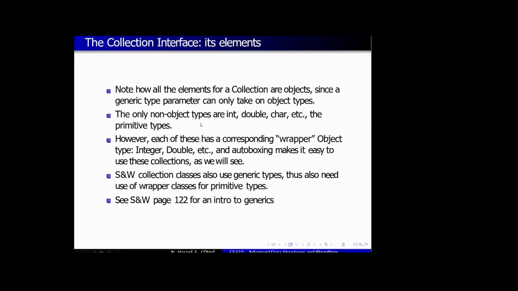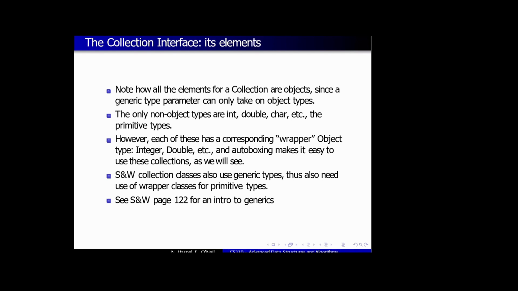Okay, so one thing we noticed is that this is a collection with a generic item type, so the elements of the collection must be objects. We might like a collection of integers or a collection of doubles.